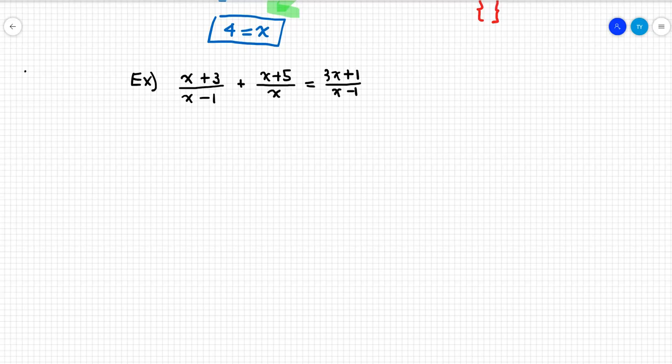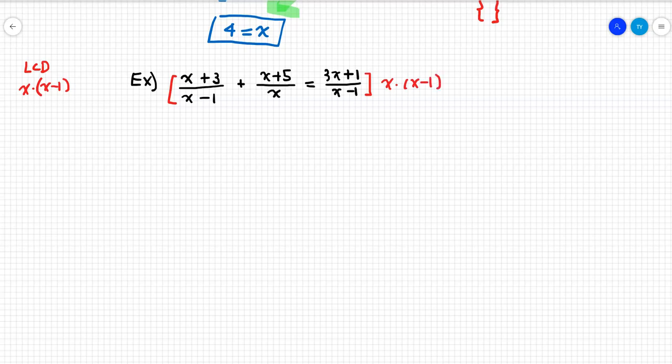So here the LCD is x times x minus 1. No duplicates. So we are going to multiply everything by that, x times x minus 1.